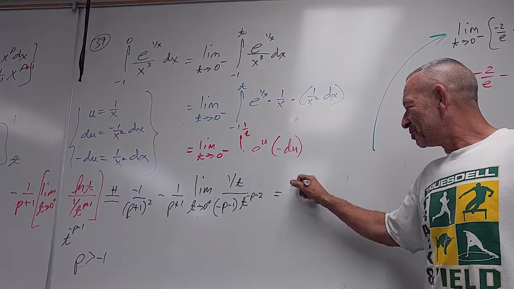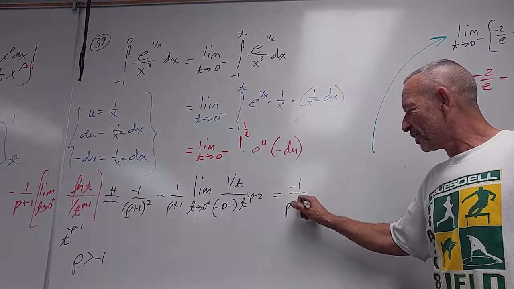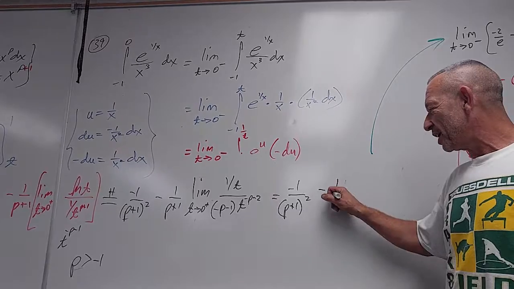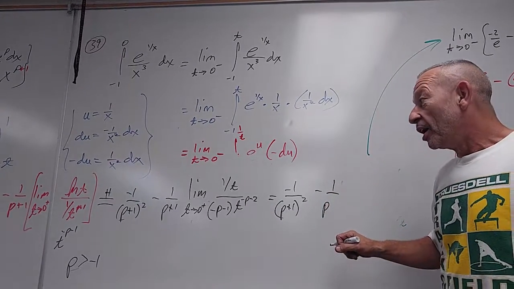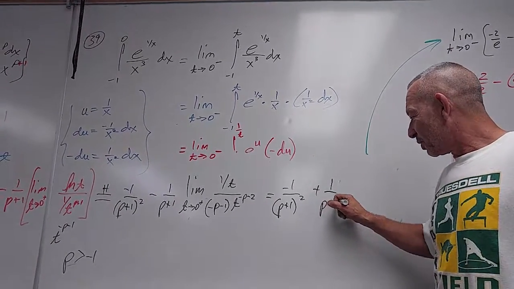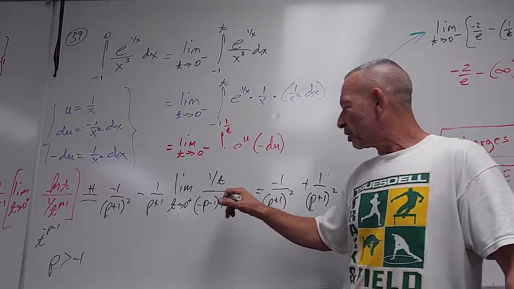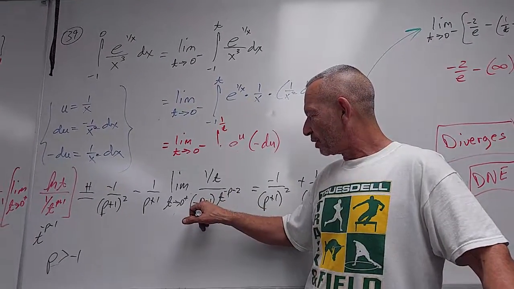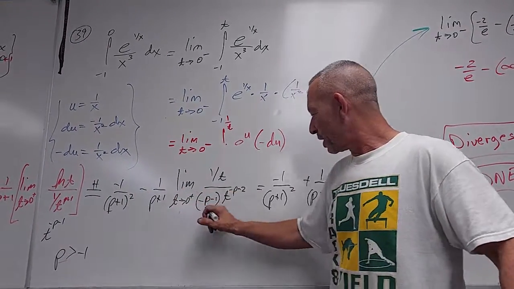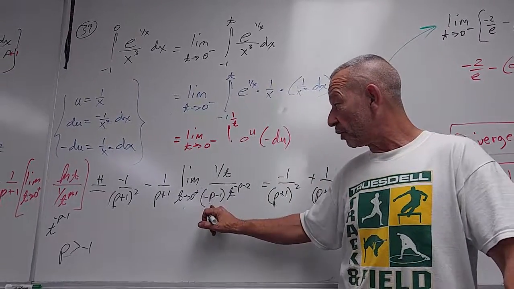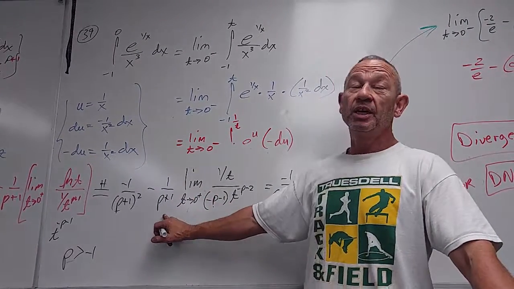Which is equal to minus 1 over p plus 1 quantity squared, plus 1 over p plus 1 quantity squared. I'm going to bring this minus out here. The two minuses become a plus. This is now a p plus 1 in the denominator.